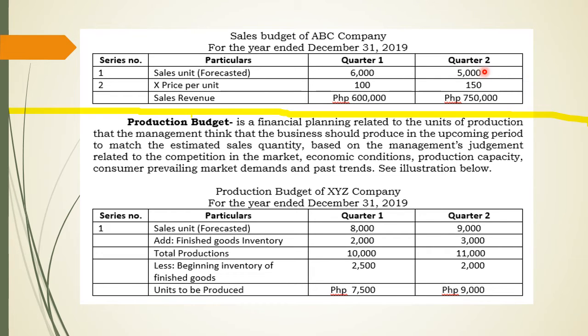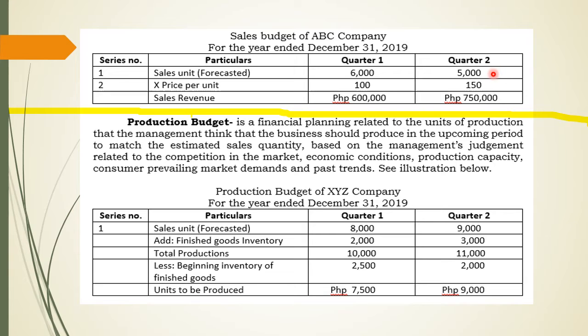For the second quarter, your forecasted unit sales is 5,000 times selling price, which is 150. Selling price is the same as unit price, 150. So you will get 750,000 sales revenue for the second quarter. So you will wonder why on the second quarter it's lesser forecasted sales unit but higher price and of course higher revenue.